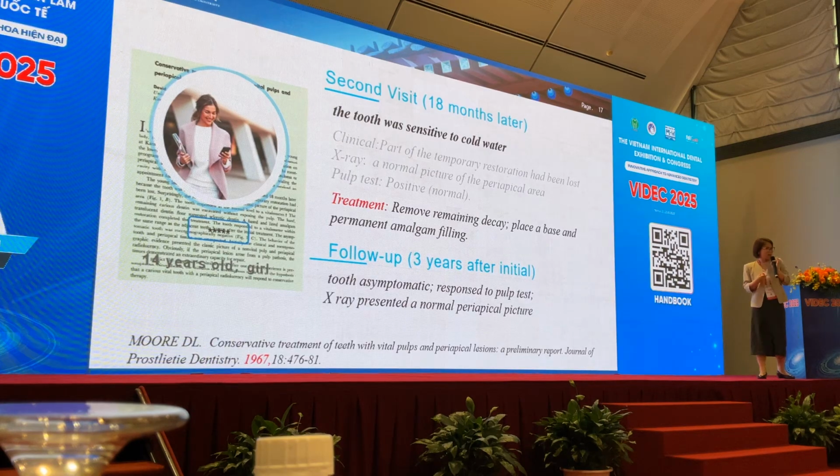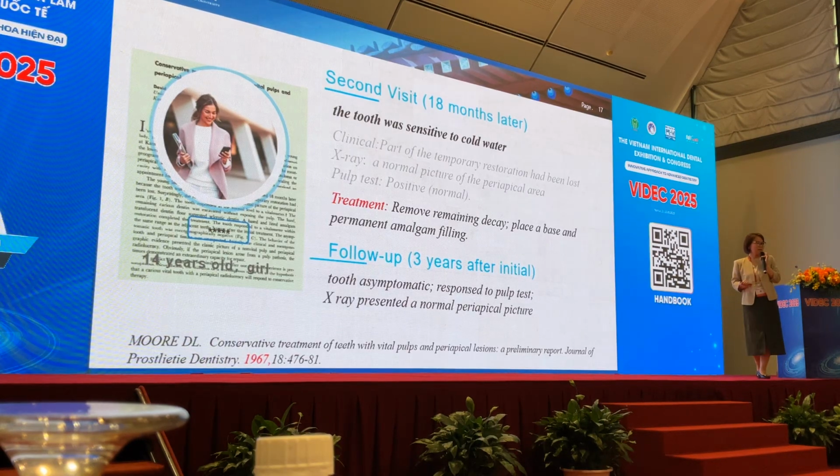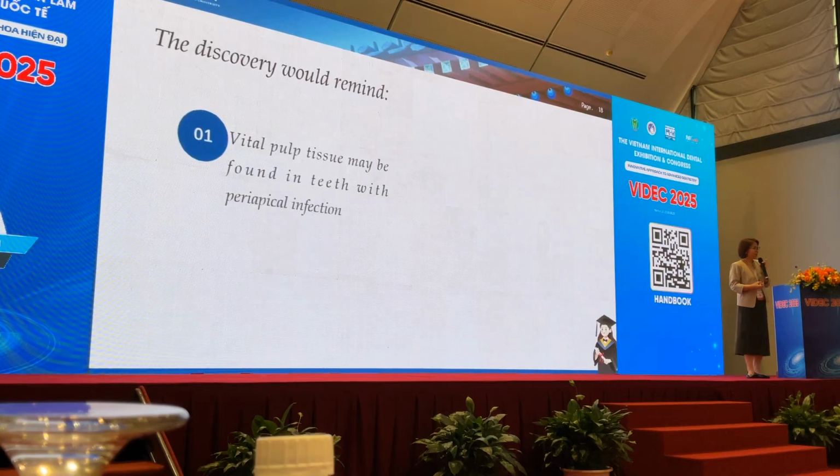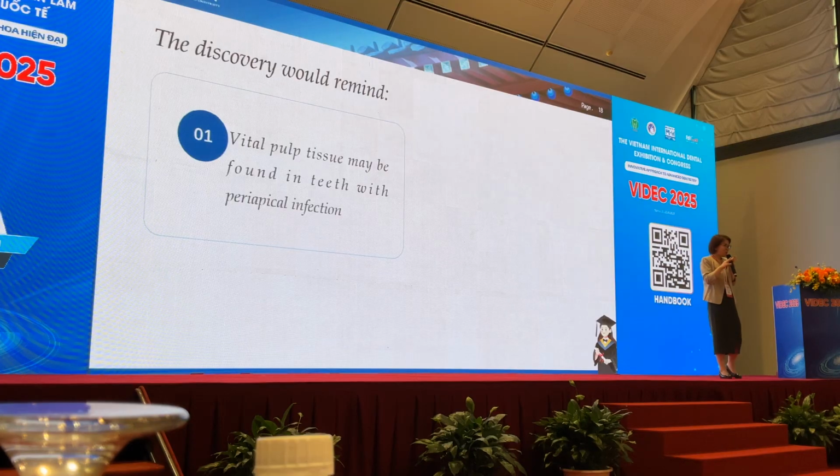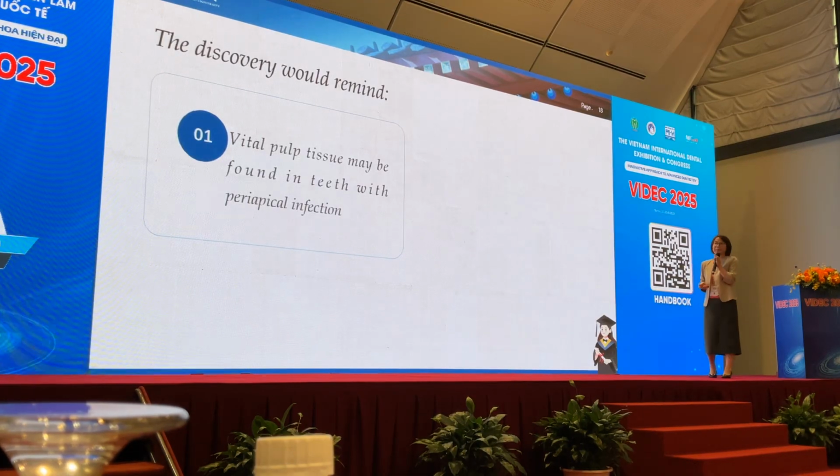What does this discovery mean? It reminds us that vital pulp tissue may be found, may be kept, in teeth with periapical infection. So it's not a new site, not a new view, right?